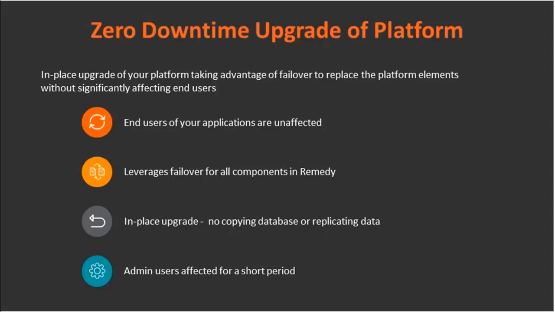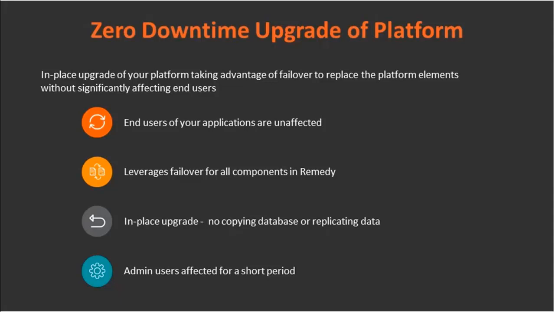Again, Zero Downtime Upgrade is not a new topic for most of us. We heard some of you were following this method for upgrade even before BMC officially started offering this in Remedy 9.1. So to quickly recap, the way Zero Downtime works is essentially it leverages the failover for Remedy as part of the server group and upgrades one server at a time in the server group.